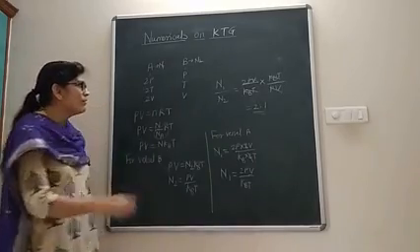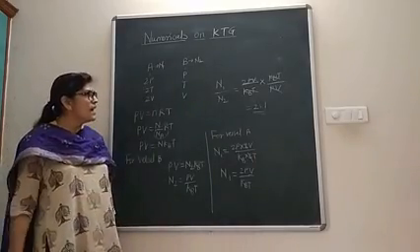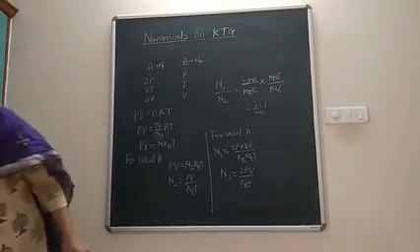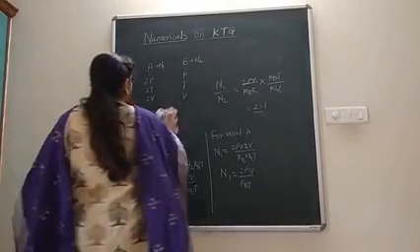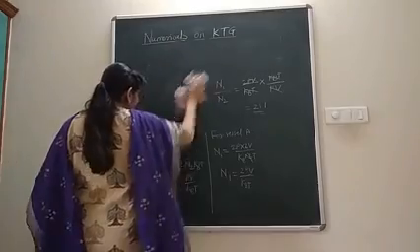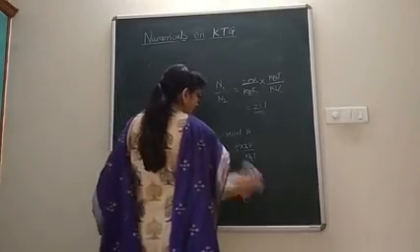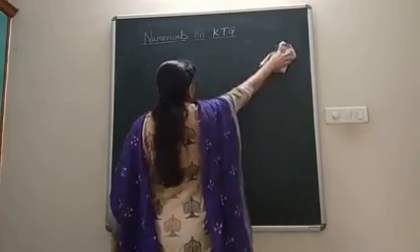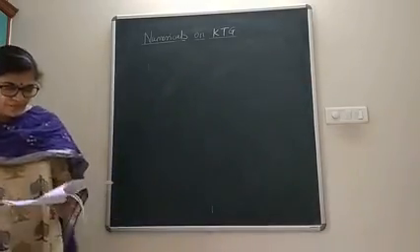So the ratio of number of molecules of vessel A to vessel B is 2:1. This way, try to understand the problem, read it carefully, and accordingly you can solve it.